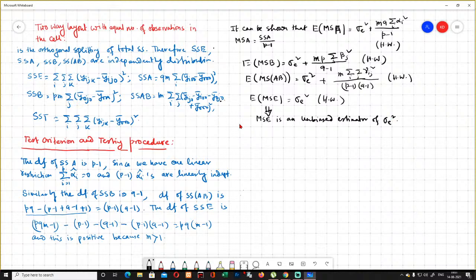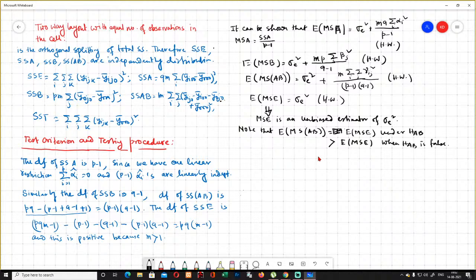And note that expectation of MSAB is equal to expectation of MSE under HAB, and this is greater than expectation of MSE when HAB is false.